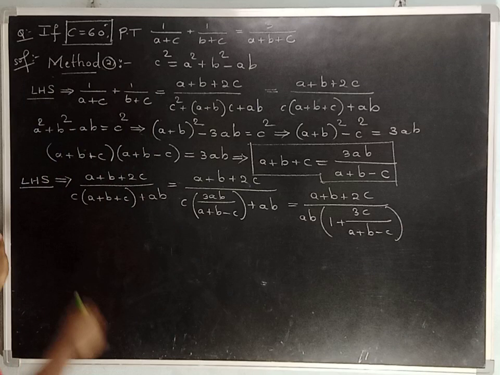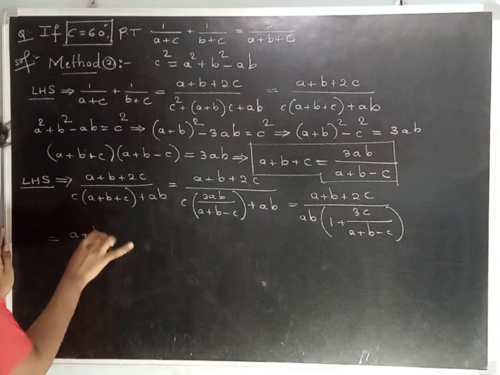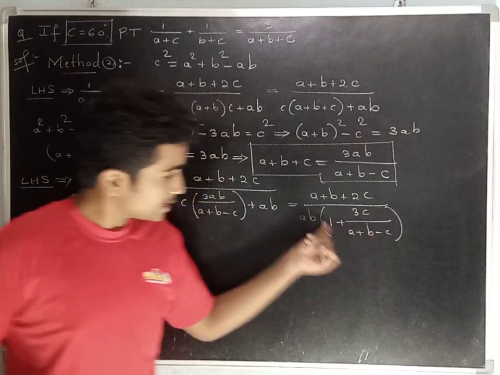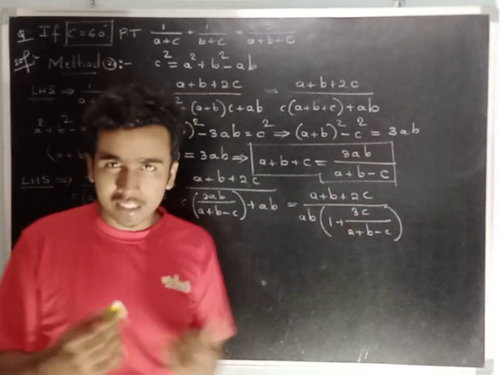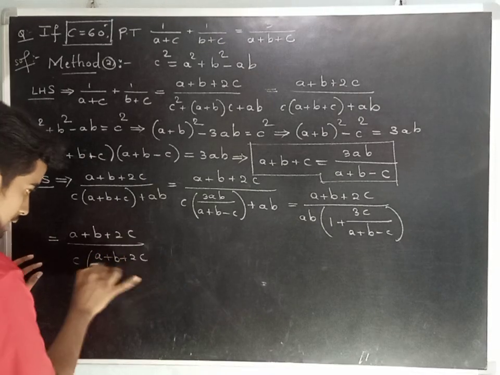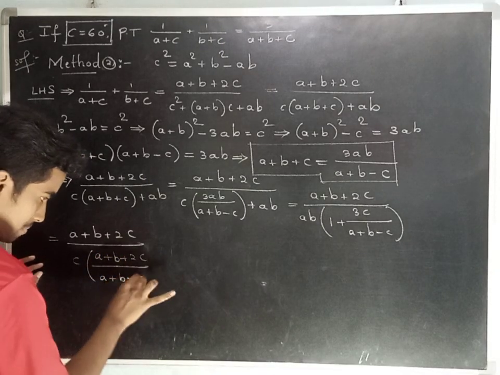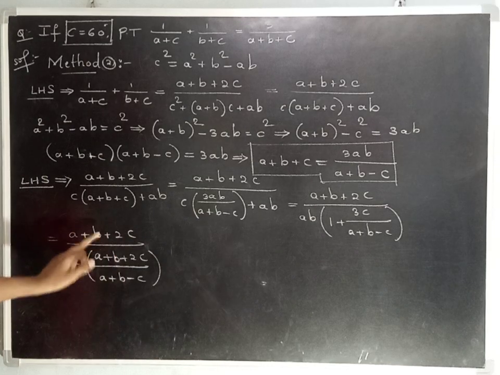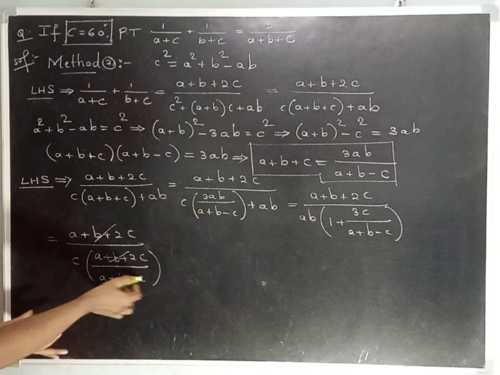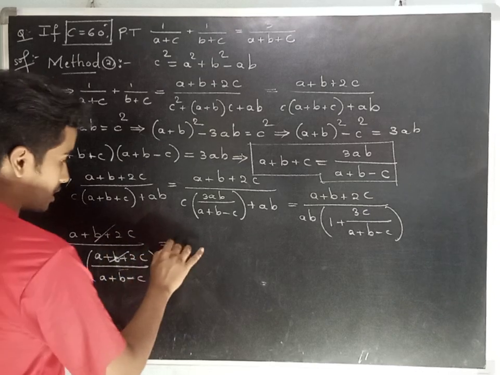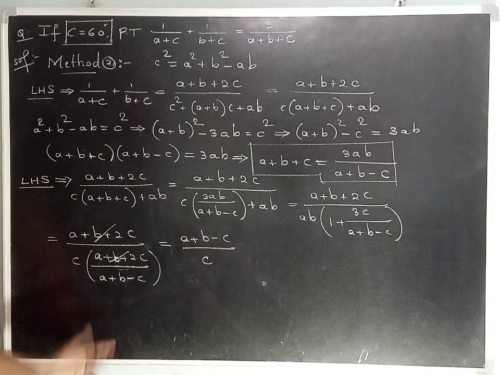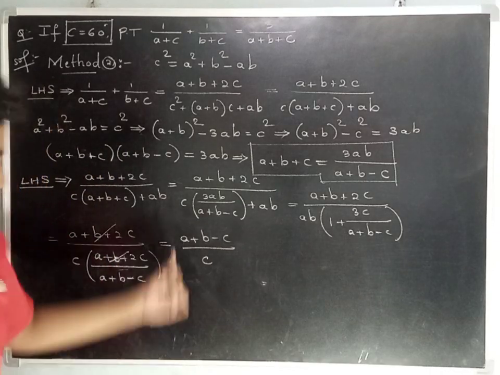On simplifying this, taking LCM, a plus b minus c plus 3c, it's nothing but a plus b plus 2c by a plus b minus c. See here, these both are the same, so these both get cancelled. This term's denominator goes up, so that I am going to get a plus b minus c by c.